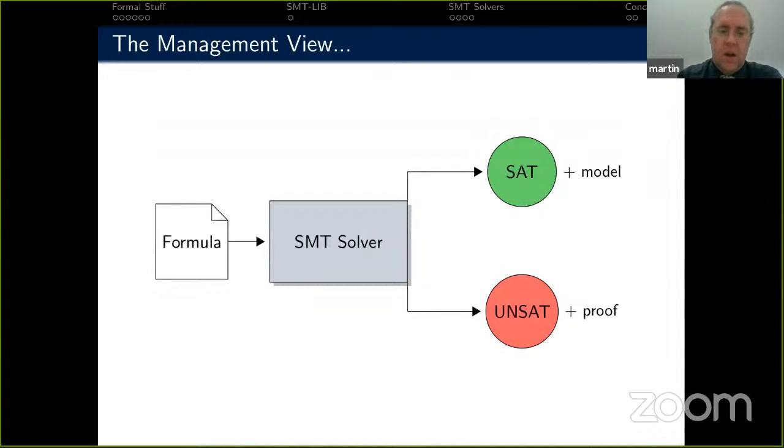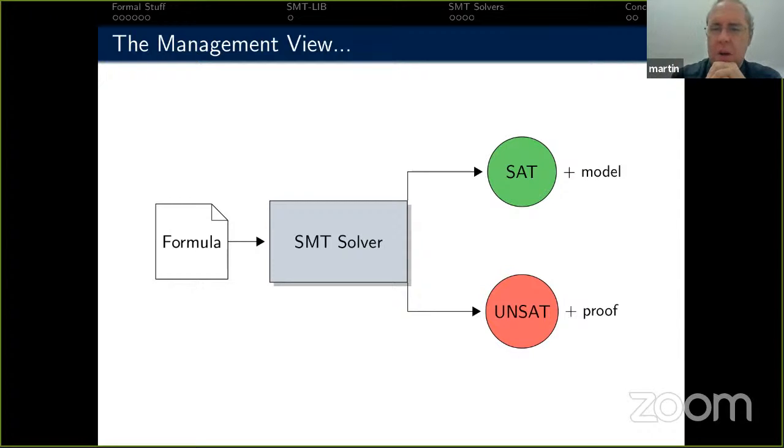So it's like, okay, these formulae can all be true together if X is 5, Y is 7, and G is this particular array. And on the flip side, if it's unsat, if there's no way of satisfying all of those together, then you might want a proof.